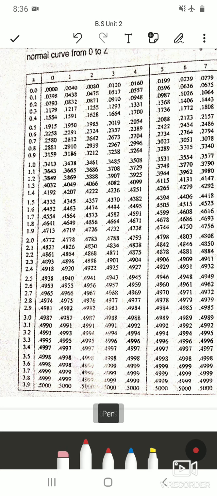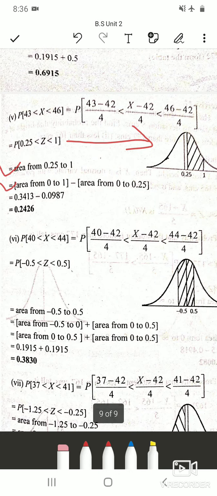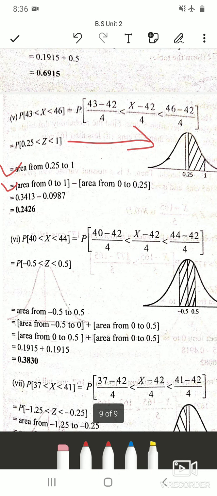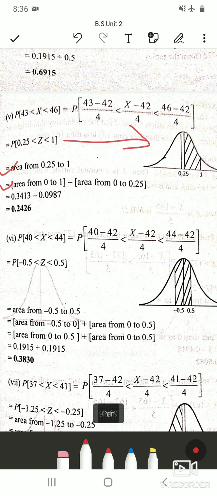First we want to find the area from 0 to 1. Take z as 1, which is over here, and it is 0.3413. So the area from 0 to 1 is 0.3413.